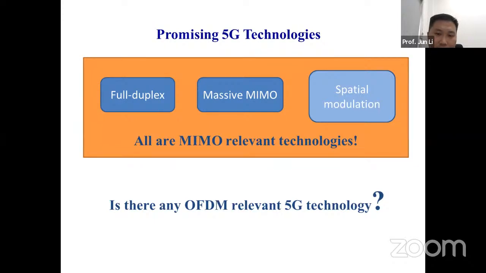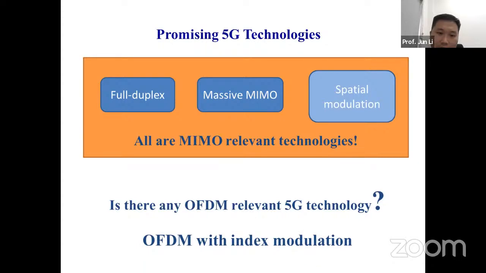So the SM and the QSM belong to the MIMO relevant technology. Then we will still see the OFDM relevant 5G technologies, which is OFDM with index modulation, which is quite similar to the spatial modulation.